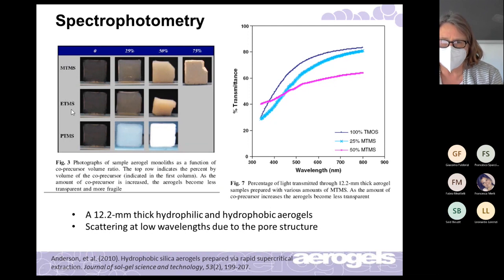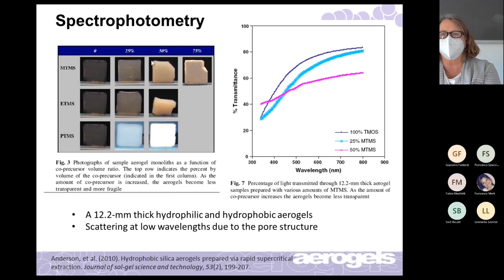These are the different co-precursors that don't permit all of the bonding to happen, and as a result, they become hydrophobic. We were interested in making hydrophobic materials. We weren't as concerned about the transparency in this study; we just wanted to see if we could make the hydrophobic material. These are the different chemical precursors used to make them hydrophobic, and this is the amount by volume that we put in the recipe.